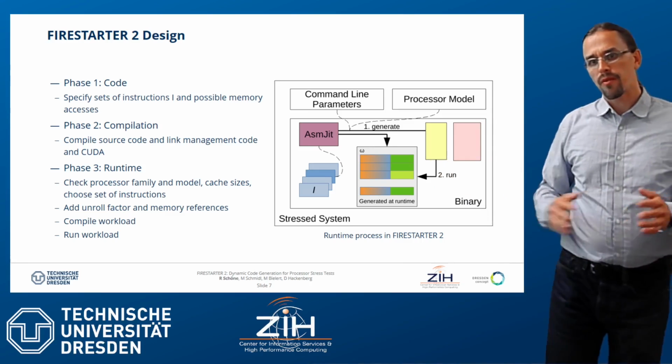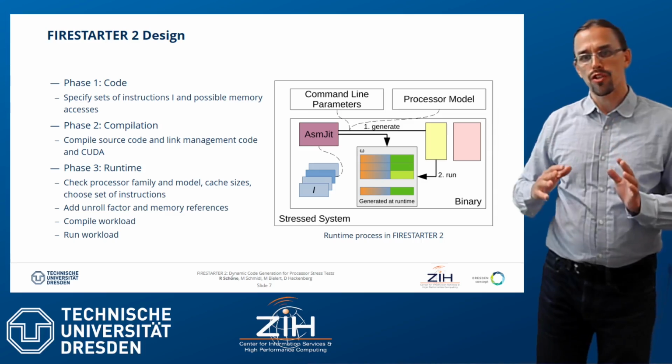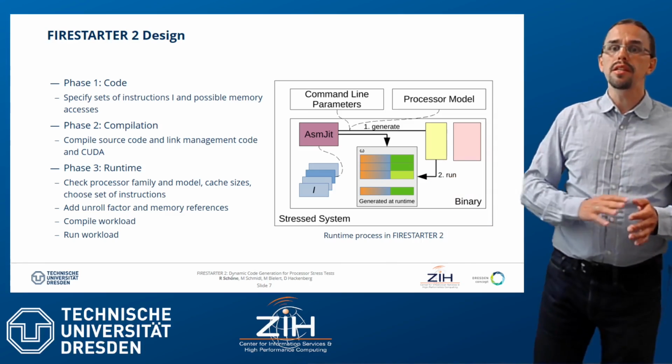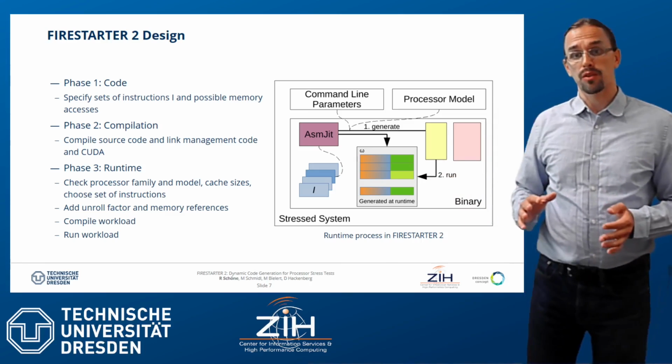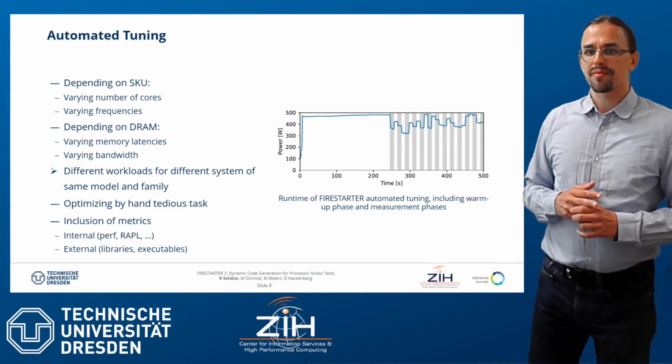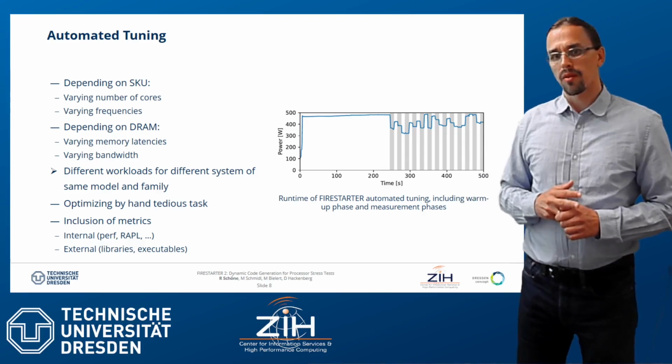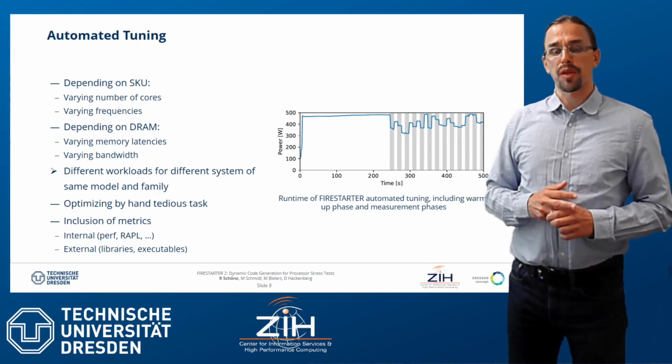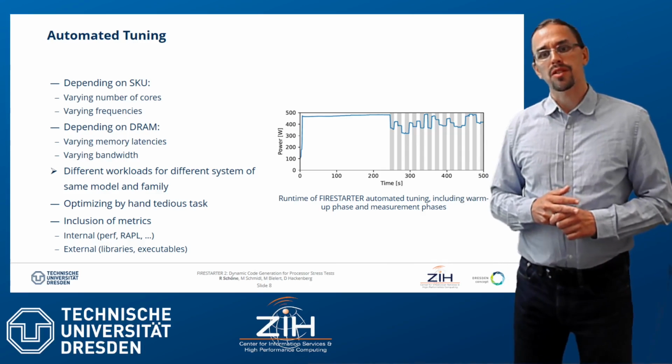So we switched everything from compilation to runtime to make it easier to adapt FIRESTARTER to your specific system. Because, well, there's no single optimal workload for a specific processor model. It highly depends on the SKU.